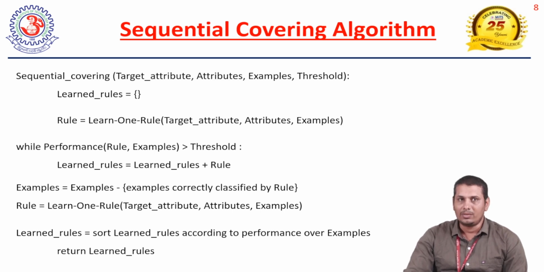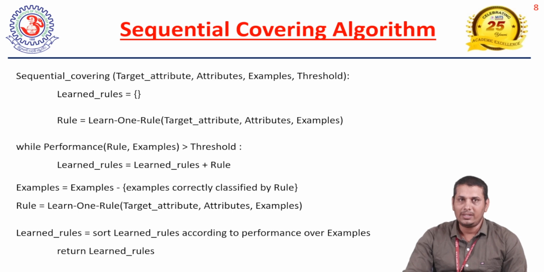Okay, so now, while performance of rule and examples, because we already said that the sequential covering algorithm is a rule-based algorithm. So performance of rules, comma, examples is greater than the threshold. So always it will be greater than only, because initially the threshold value is 0.